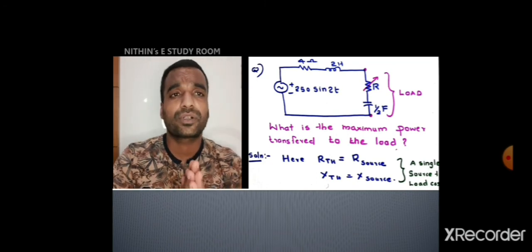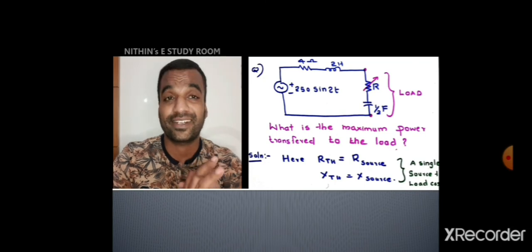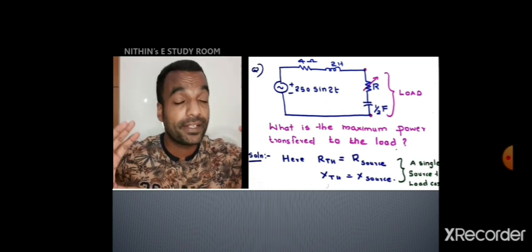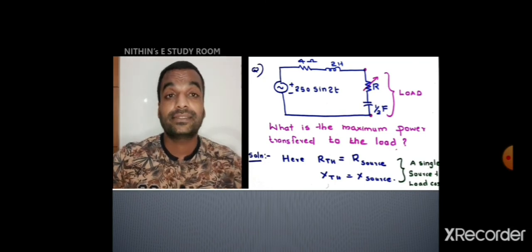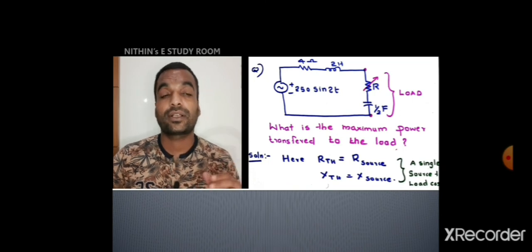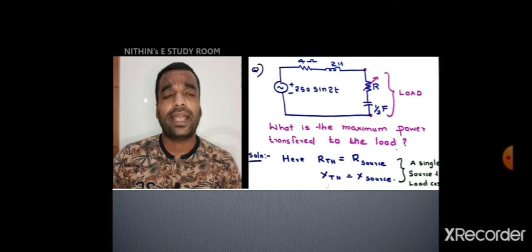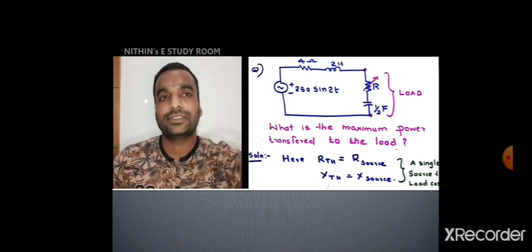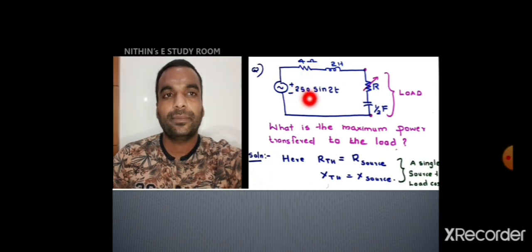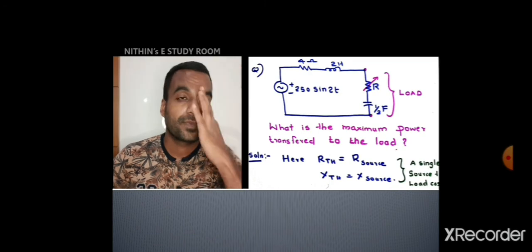Oh no, one more point is there. It is 2 henry. It is specified in henry, which means it is inductance and not yet converted to X. So you have to convert it to L omega. Where will you get the omega? Here you can see Vm sine omega t, so the 2 is nothing but omega.